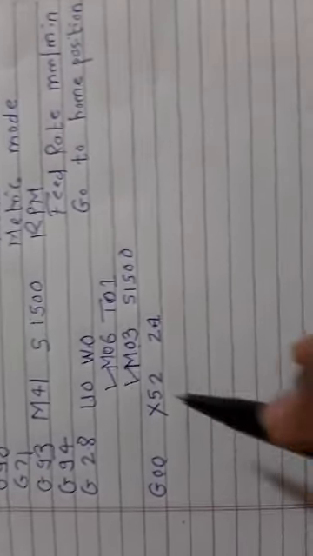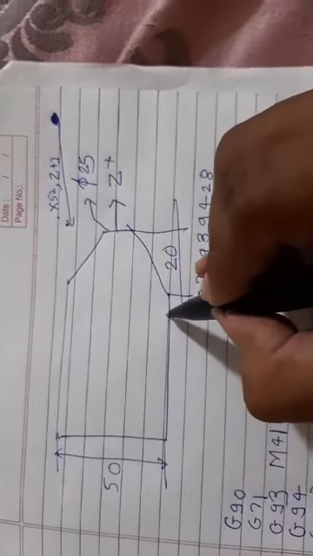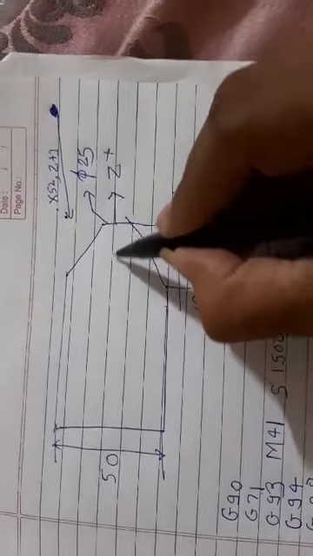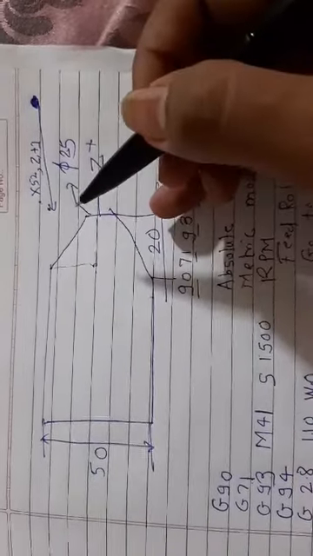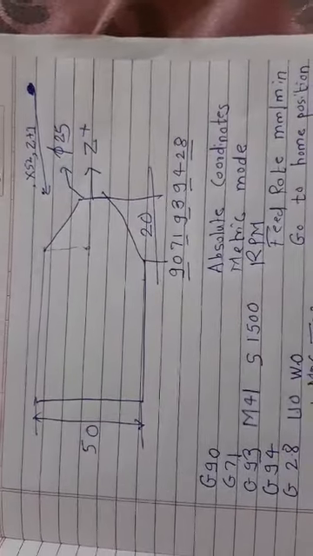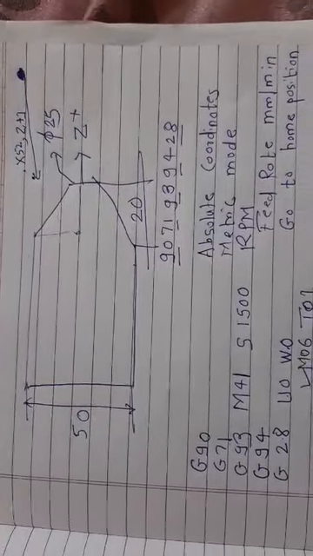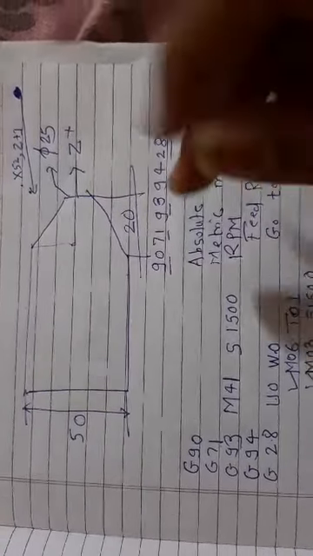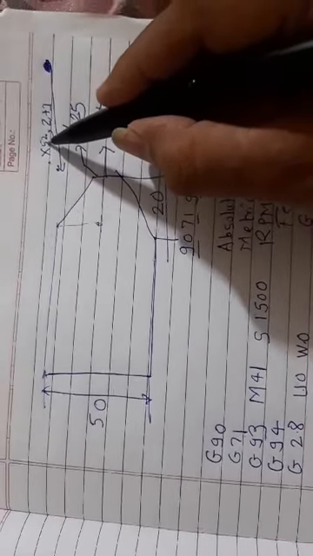Why have I written x52? I have written the value of diameter instead of the value of radius, because we are writing the program in diameter mode. We are not writing the program in radial mode. Some students may have a doubt: sir, x coordinate is 25, why have you taken x52?